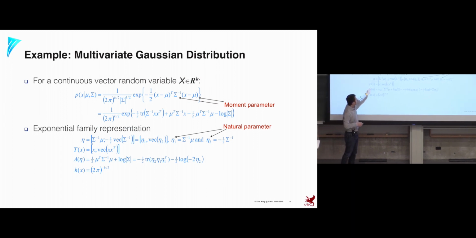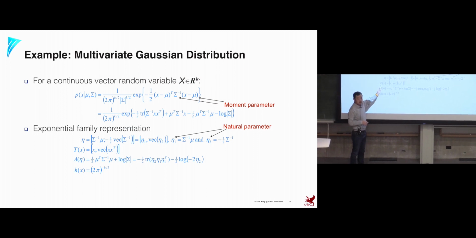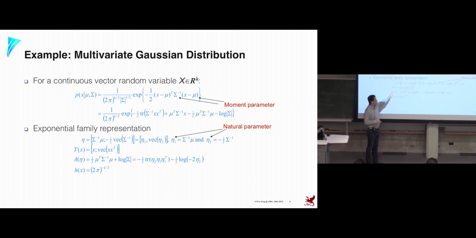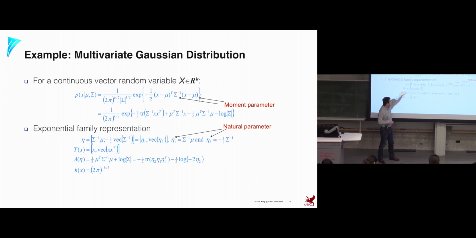And then here you have the T, which is a function of the random variable. Again, this is the x vector itself, and this is the vectorized form of the outer product of the x vector itself. So you can hopefully convince yourself that these two, T of x and eta, have the same dimensionality. They can actually be dot-producted.